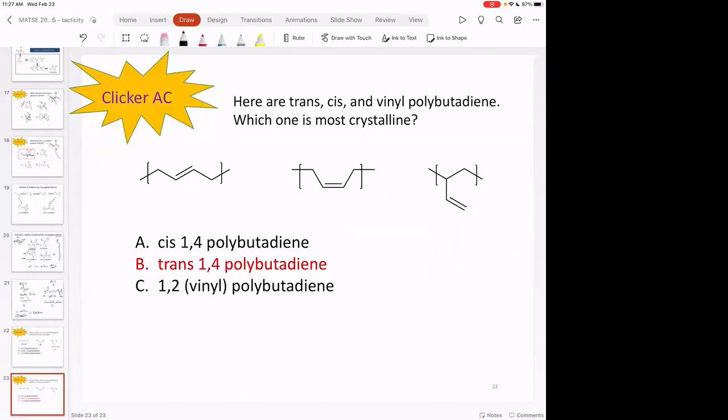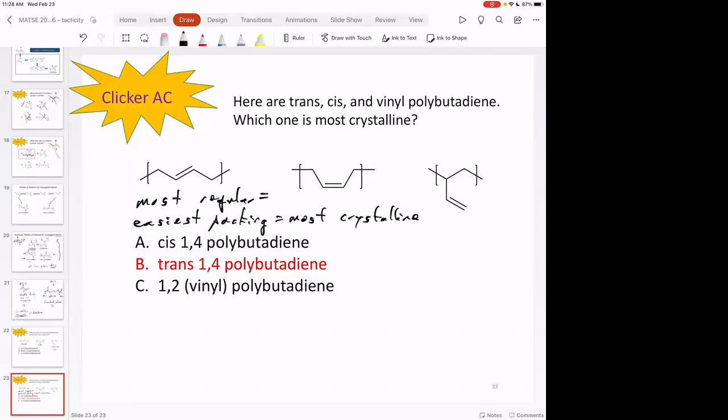So trans 1,4 polybutadiene is most regular, easiest packing, most crystalline.